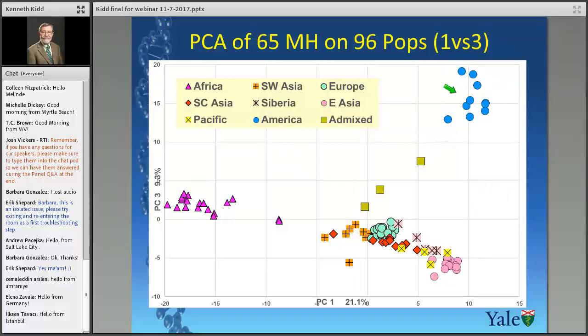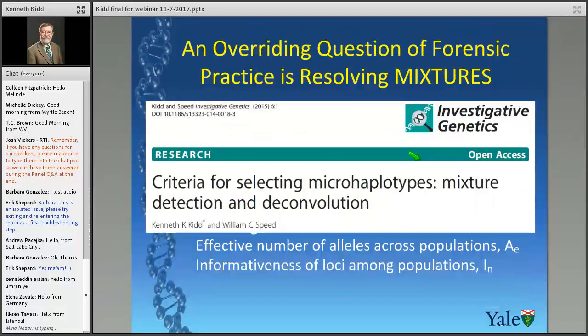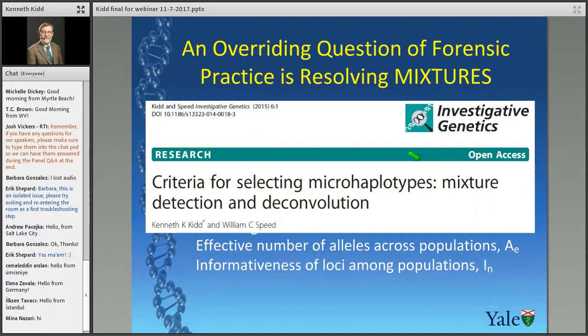If we go to 1 versus 3, we quickly see that we get very different separation for the Native Americans. And here are the 1,000 genomes: Colombians, Mexican Americans from Los Angeles, and Peruvian individuals.